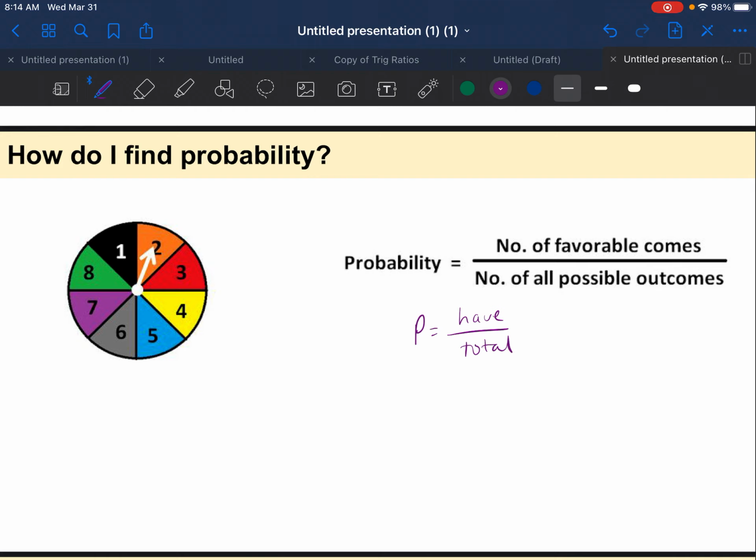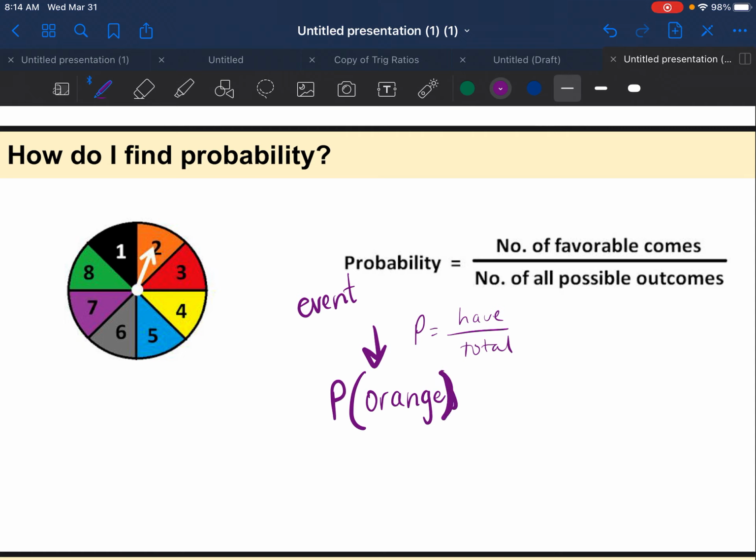So let's say I want to find the probability of getting this orange piece here. So I would say probability, and I can shorten this by saying P, parentheses, orange. This is my event. This is what I am looking for.